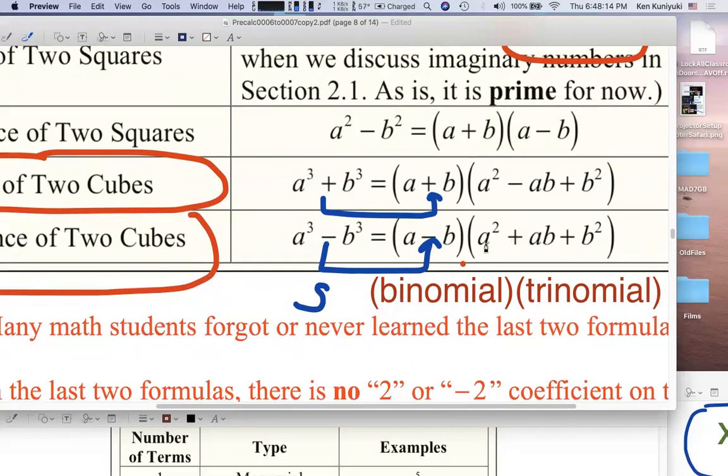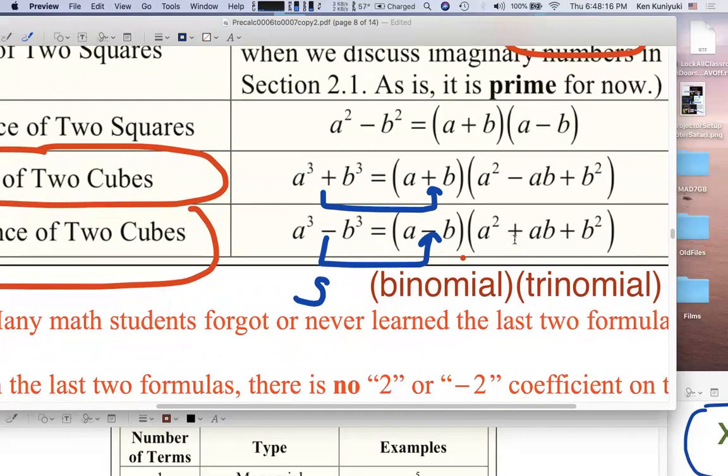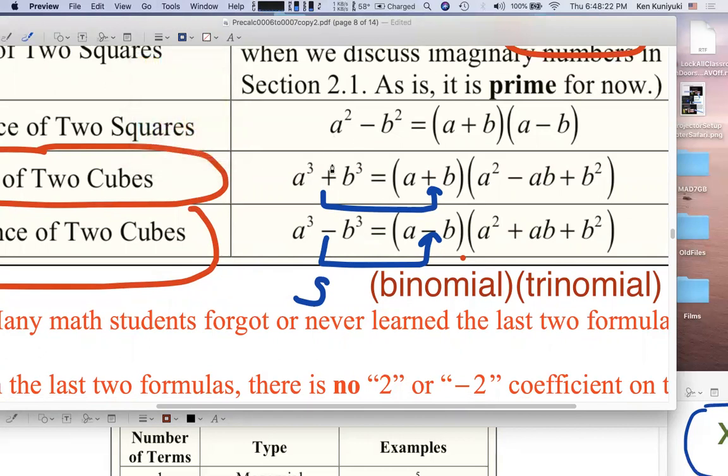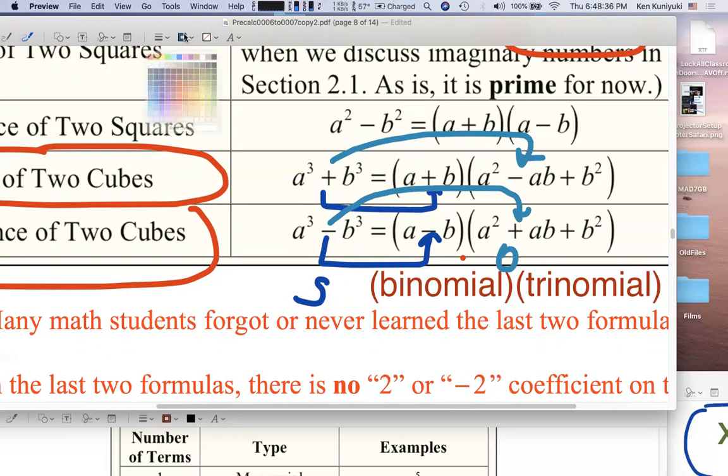What about the signs in here? Focus on the signs, all right? Here we go from, I better put this in, let's see, turquoise, plus to minus. Over here it's minus to plus. So for this sign over here, it's the opposite of what we got for both the binomial guy and the original. Over here, always a plus sign over there. AP, always plus.